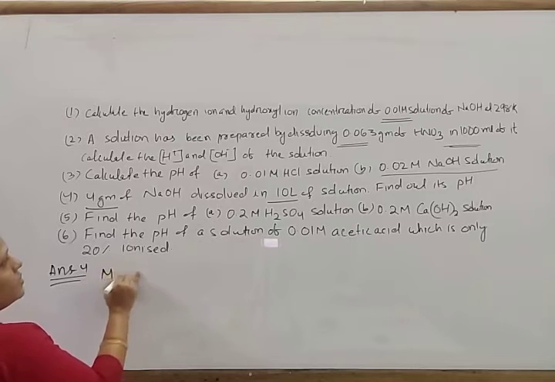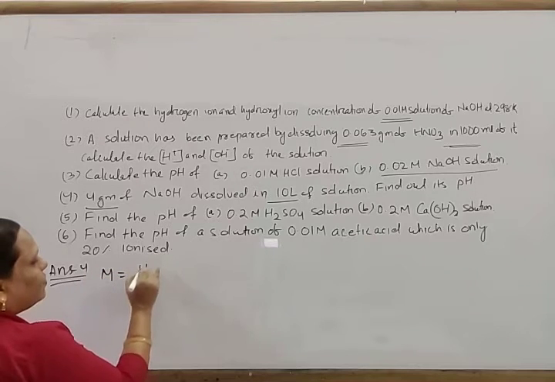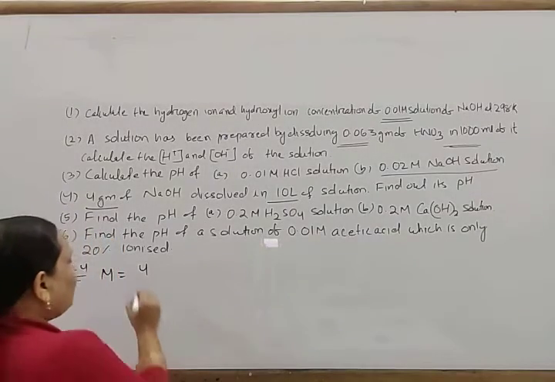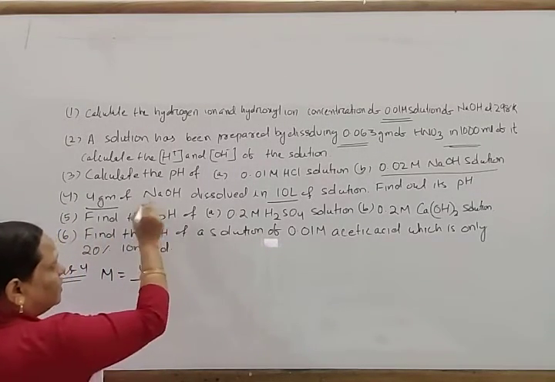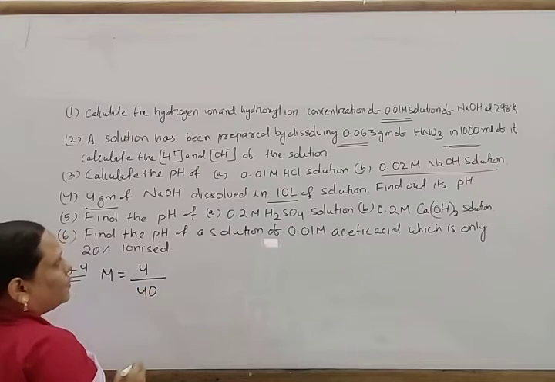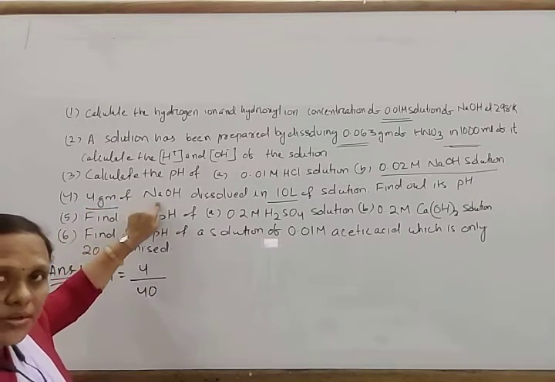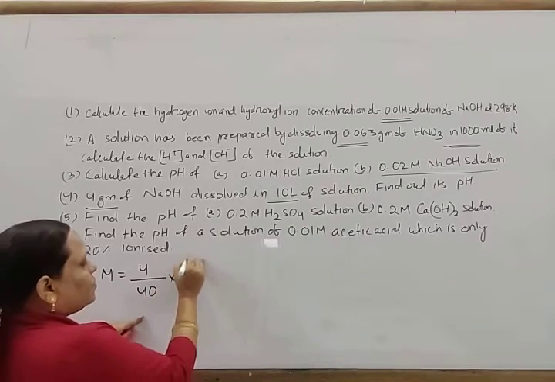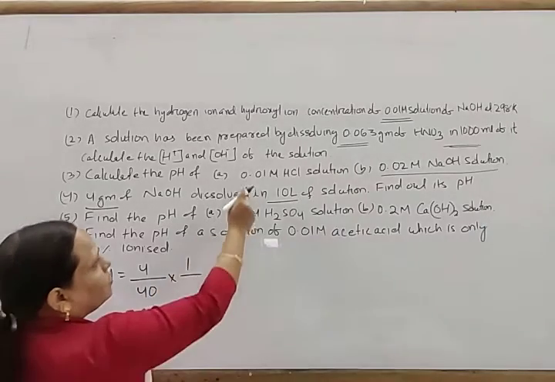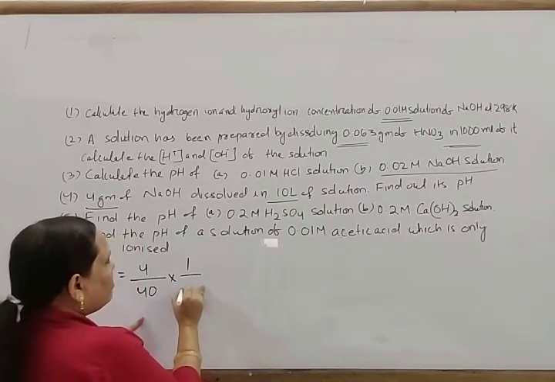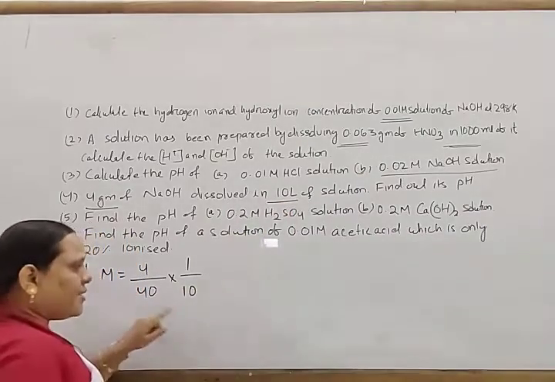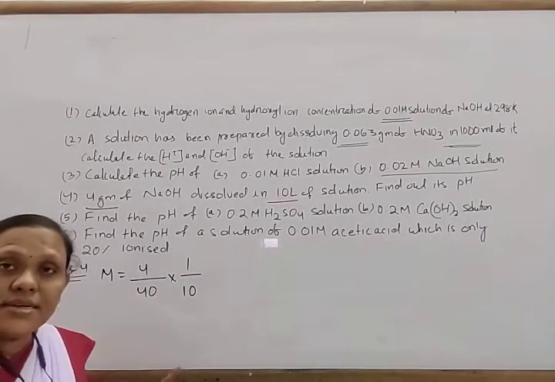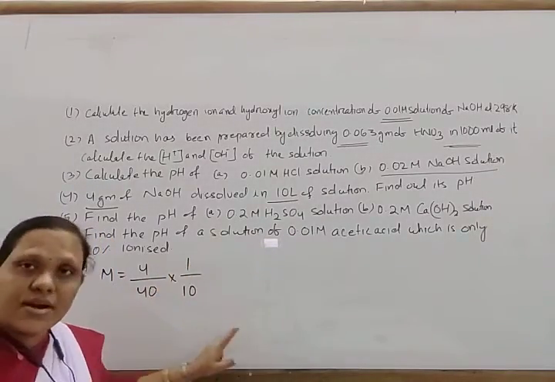So molarity of the solution is weight of the substance divided by molecular mass, into 1 by V. Sodium hydroxide has molecular mass 40, so 4 grams by 40, into 1 by volume of the solution given in liter, 1 by 10. If the volume is given in ml or cc, then it is 1000 by volume.